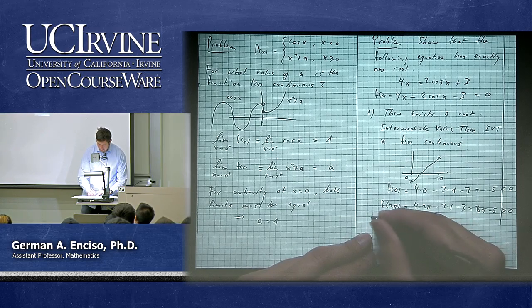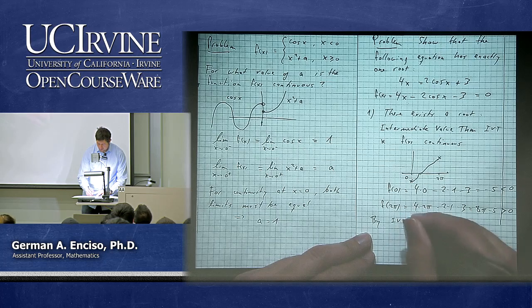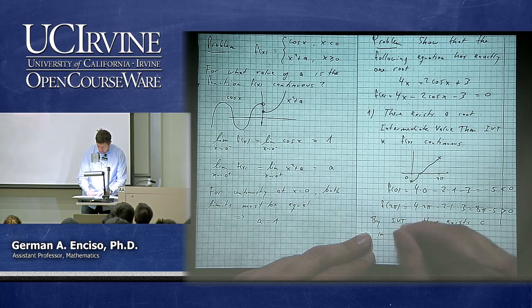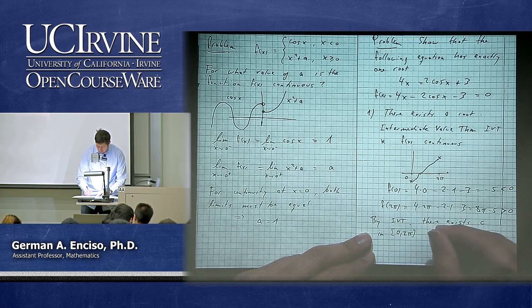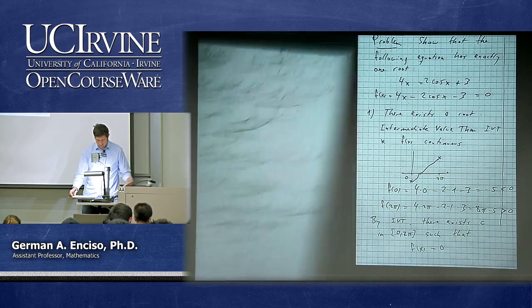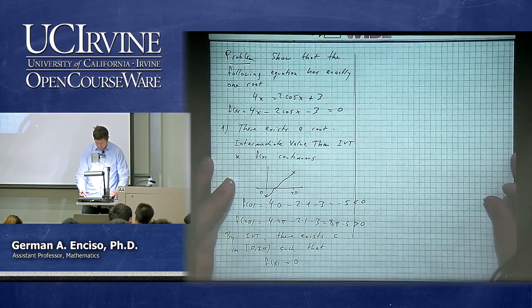This is when you say by the intermediate value theorem, there exists c in the interval from 0 to 2 pi such that f of c is equal to 0. Okay, that's the first part.